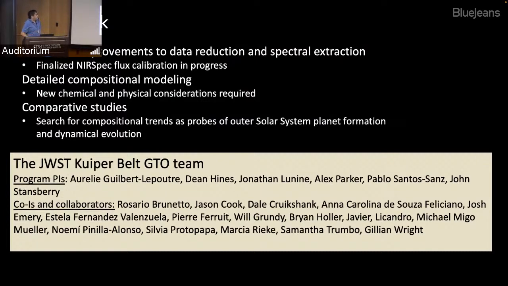Looking more broadly, we are going to have a growing treasure trove of these high quality JWST spectra for a wide range of TNOs, and this will enable population level studies that may uncover underlying aspects of solar system formation and evolution.